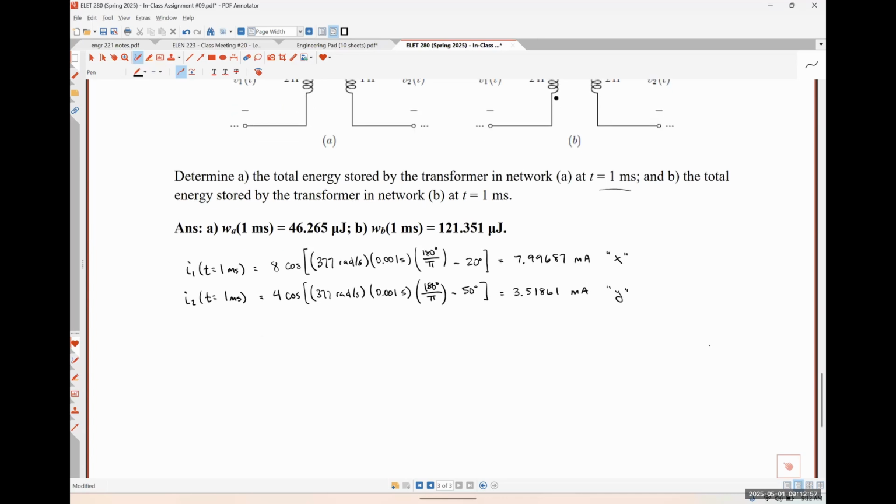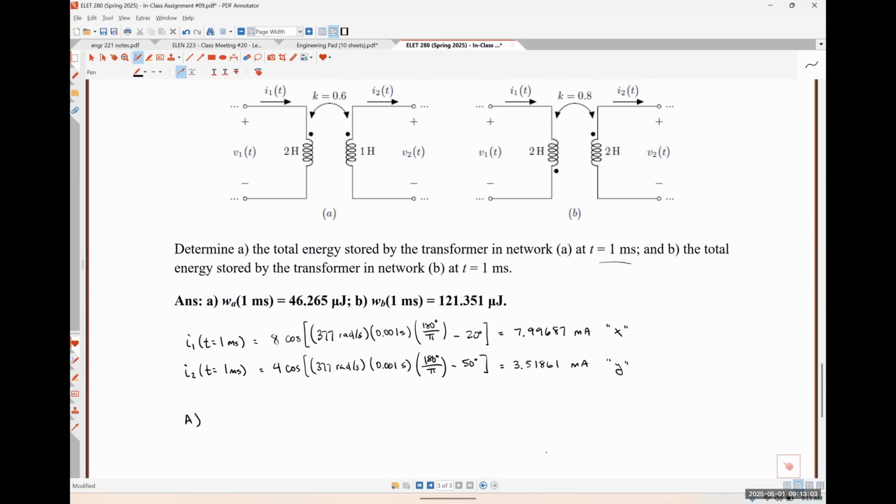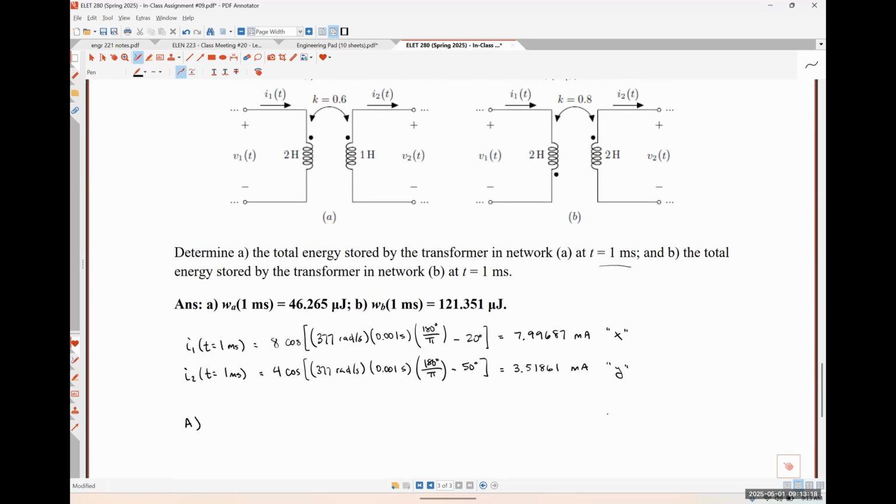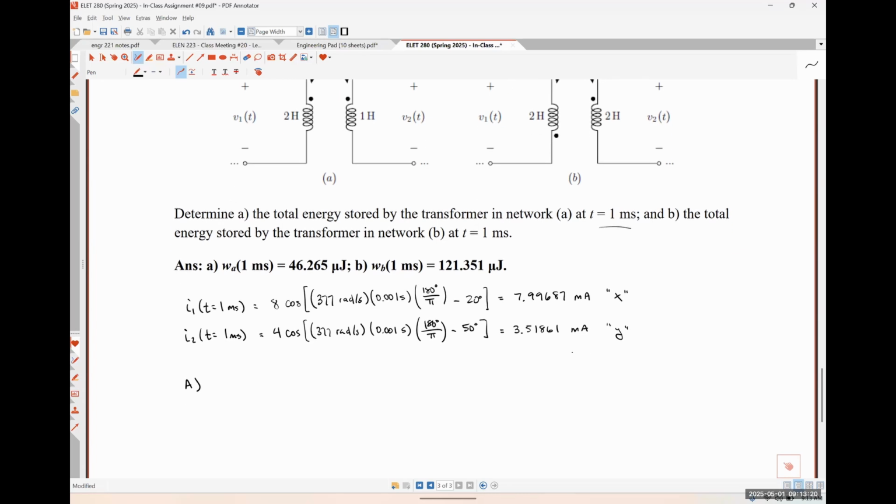And from here, it should be pretty easy to literally just plug and chug, right? So let's look at this first case. In this first case, dots are on the same side, and I1 is flowing in, and I2 is flowing out. So what should our energy storage equation look like? The M is going to be negative. Absolutely right.